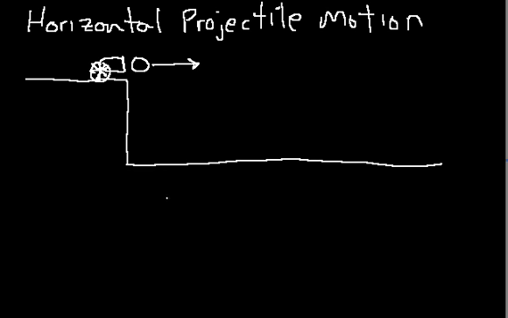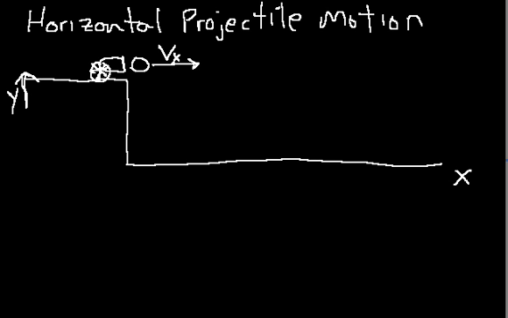Now, what can we say from this picture here? Well, we see that as the ball leaves the cannon, its velocity here only has a direction in the x direction. Let's say this is my x direction, and of course my y direction is upward. So y is up, down, and x is left, right.